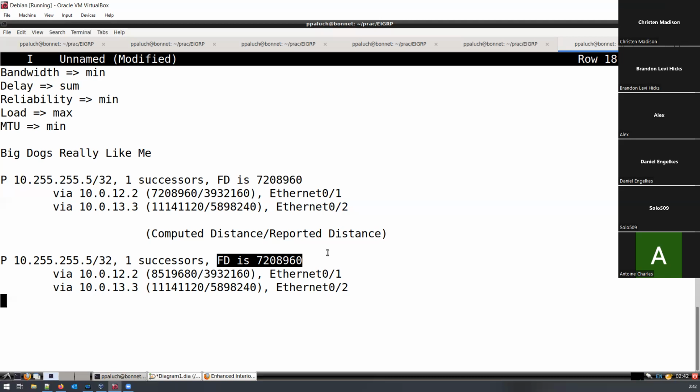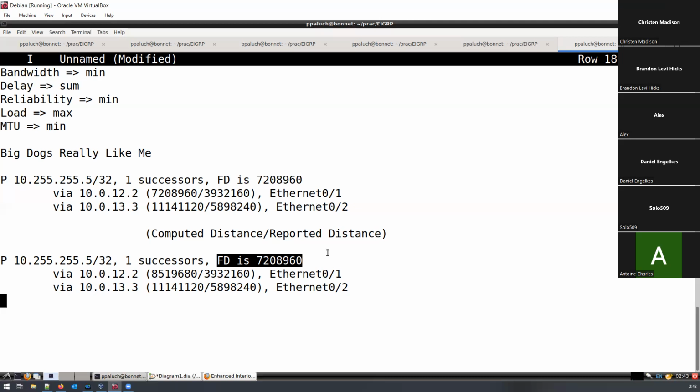But since EIGRP does not know what the network looks like, it needs to use some, well, let's say, helping rule that can guarantee that if I choose a neighbor, I can be 100% certain that the neighbor is not going to return packets back to me through a routing loop. And this rule is called the feasibility condition.